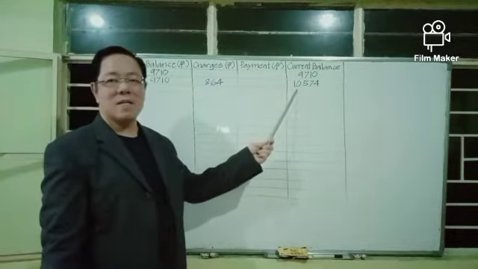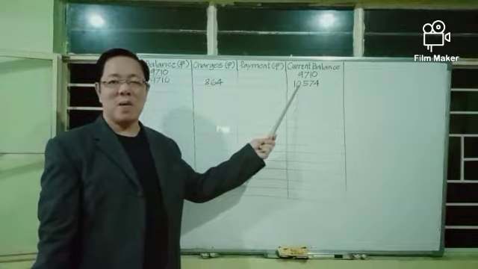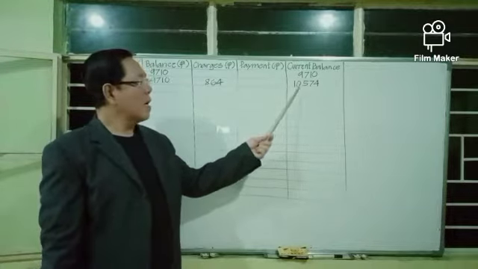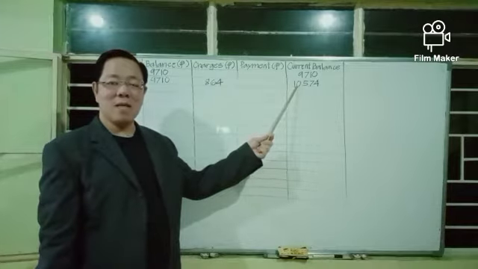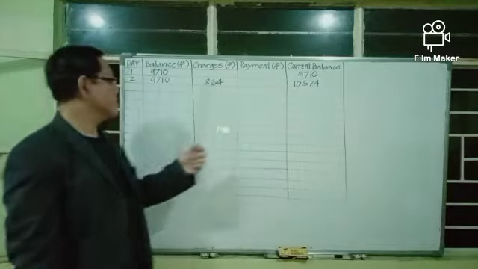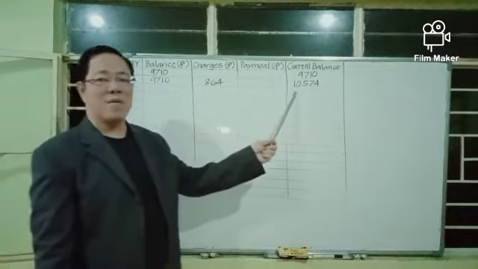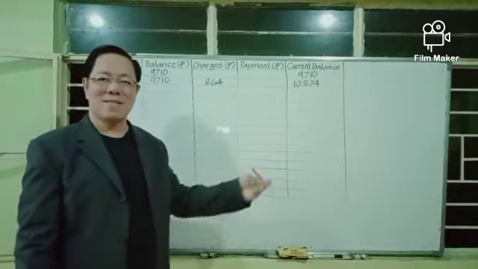This is the balance at the end of the second day of November on the credit card of Ninya. And this would be the balance at the beginning of the third day, November 3. We write November 3, balance 10,574 pesos.